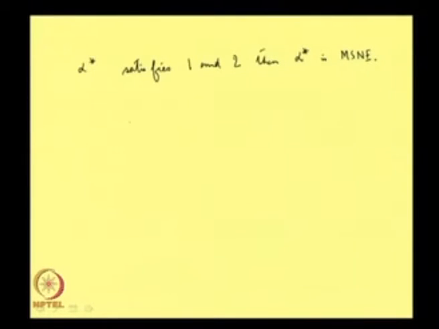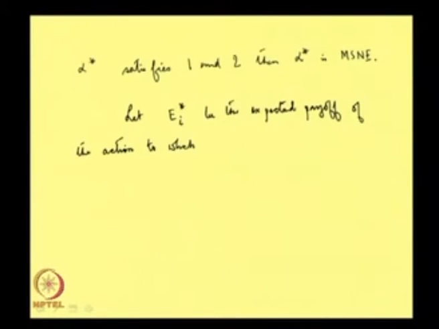So, it is like the following: let E star I be the expected payoff to the actions to which alpha I star assigns positive probability.